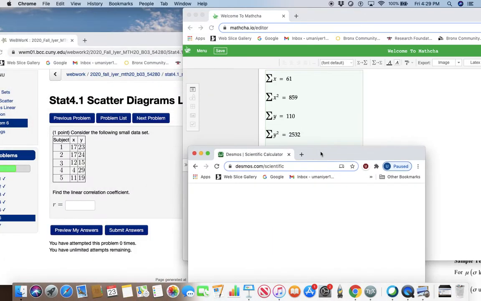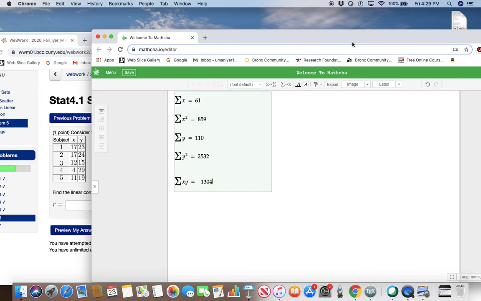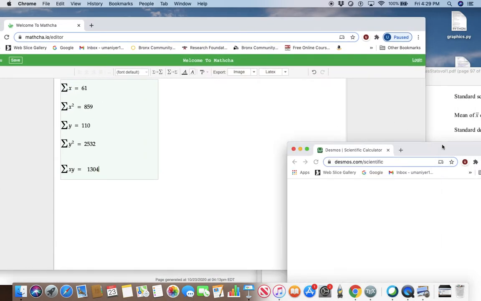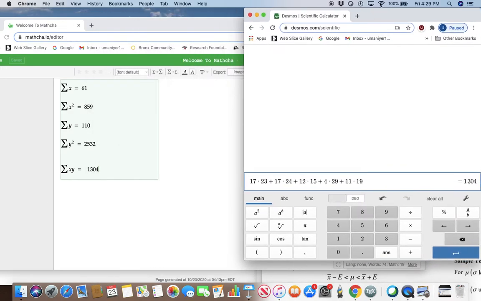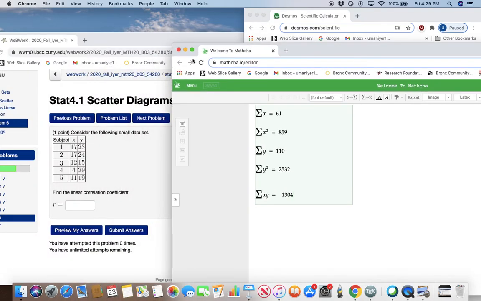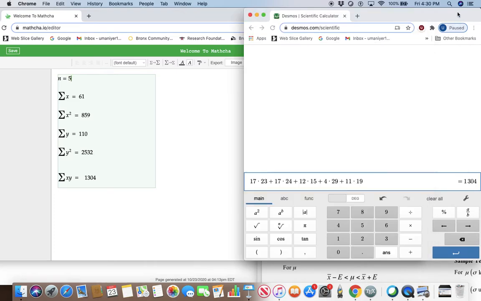Okay, so we have come some distance now. So I'll keep this handy, and we are almost set. Something I forgot: the number of points, n, is 5. That's important information. Now we are almost done.